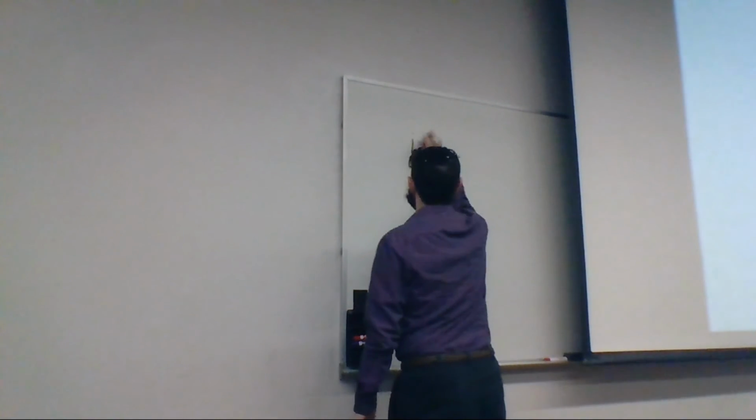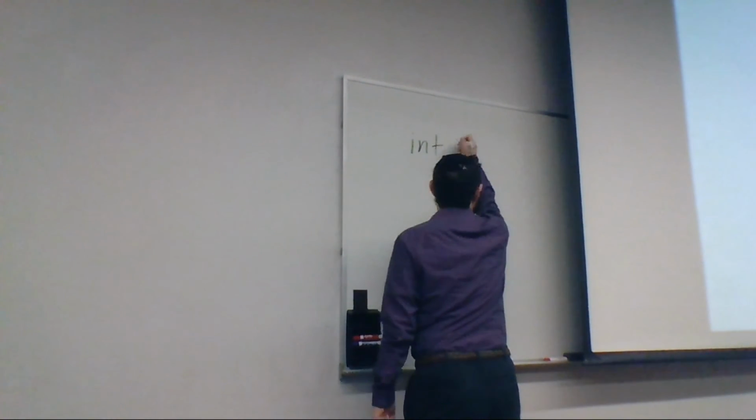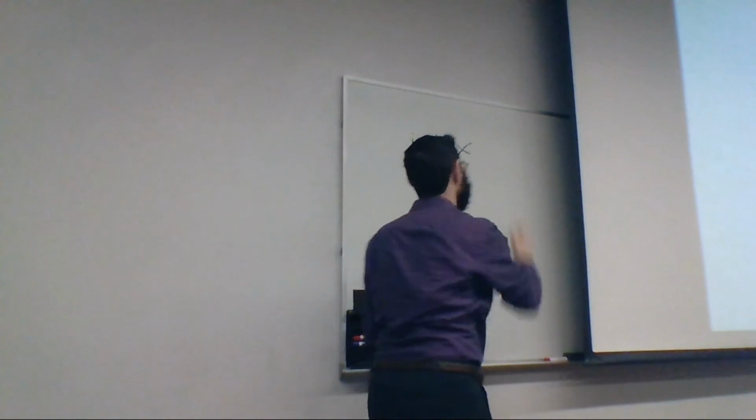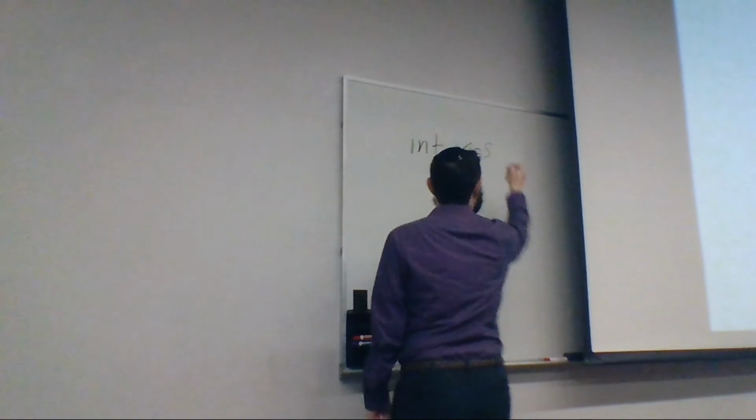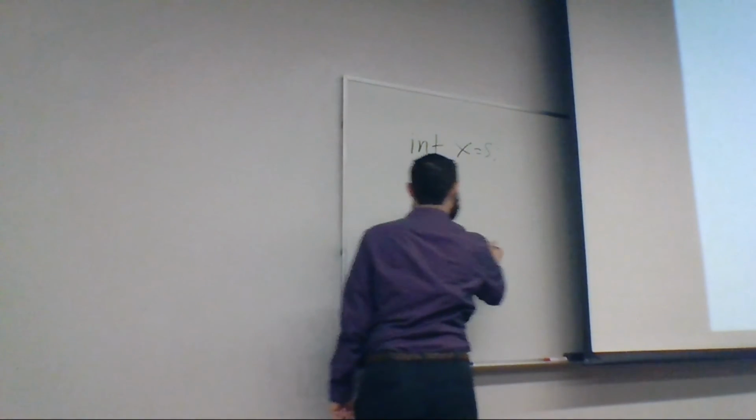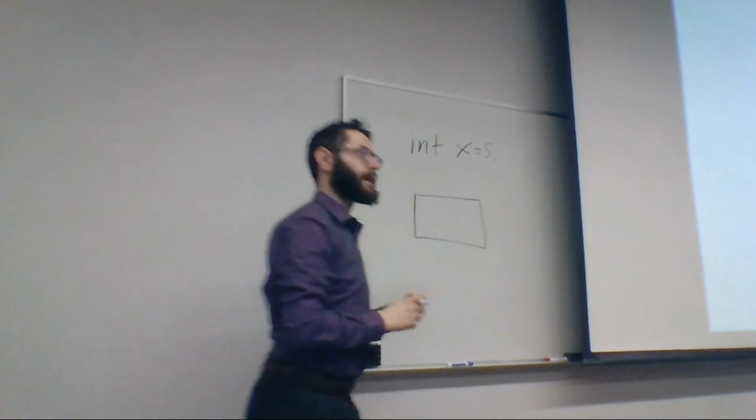Okay. And the idea here is that when we create a string, when we create an integer, when we say something like int x is equal to 5, that creates a little box to put an integer in, right?